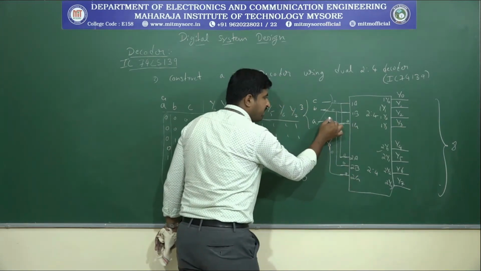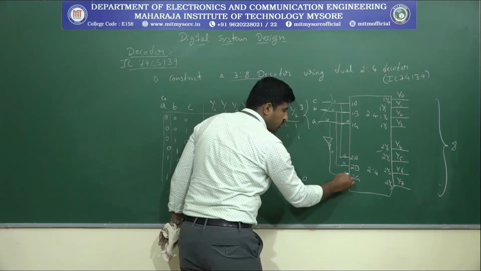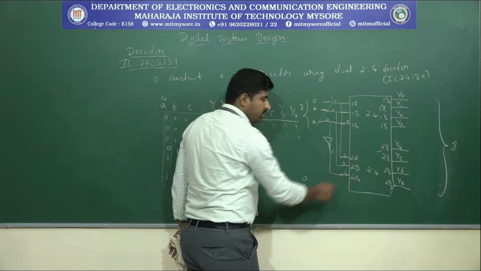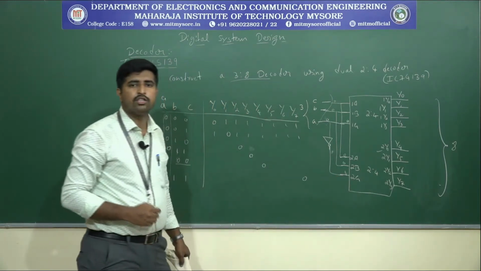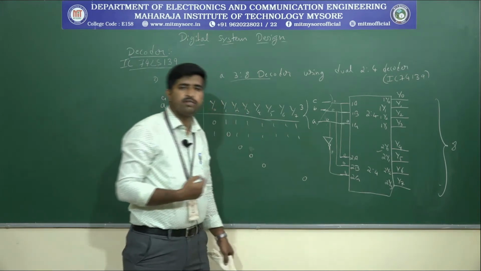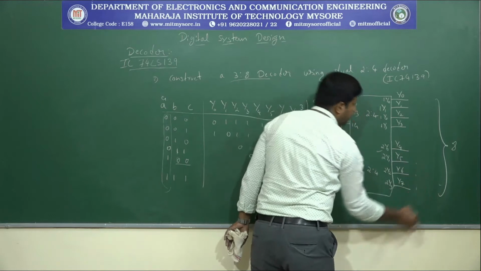Because we are giving a 0, this will come to a 1. When this equals 1, this will be deactivated, because we know that G should always be a logic 0. We need to give a logic 0. Since we are giving a logic 1, this will be deactivated. Deactivated means all these outputs will be 1 1.